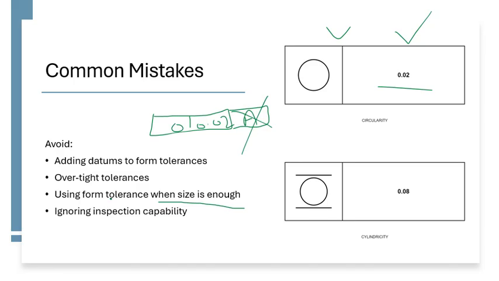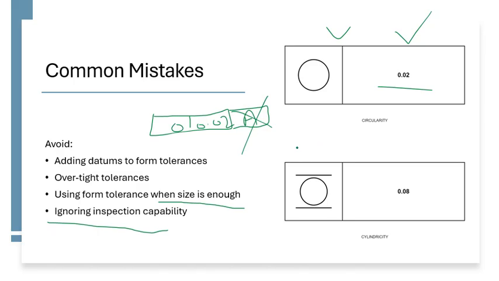We don't have to do another inspection again. So ignoring the inspection capability, no good. So make sure you are aware of what you have been inspected and what's been passed. If the size passed, then we don't have to do the form tolerance, right? So make sure you're aware of where you are in the manufacturing process.